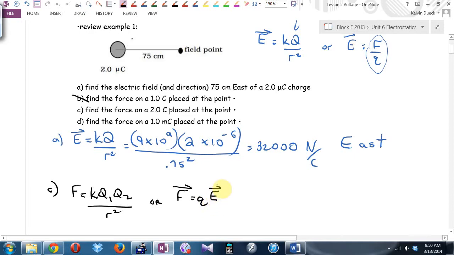Why would I choose this as a shortcut? Because of what I found in part A, the electric field at that location. Which really means this: it's going to be 2 times 32,000. I would argue you can do that in your head.